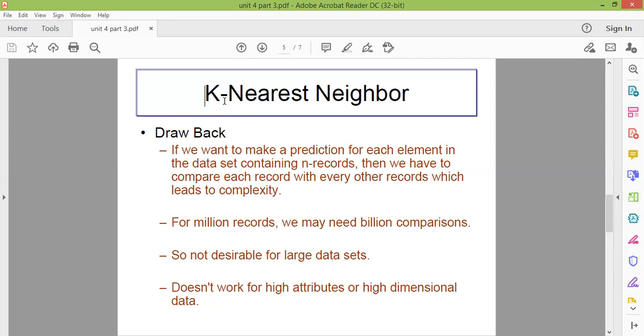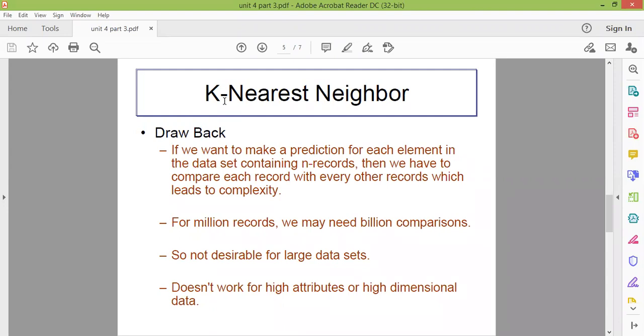If you have millions of records, it will create billions of comparisons, because each and every point is compared with the rest of the points. So this technique is not desirable for large data sets, and it doesn't work for high attributes or high dimensional data.